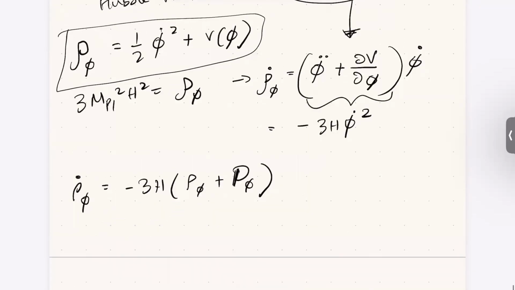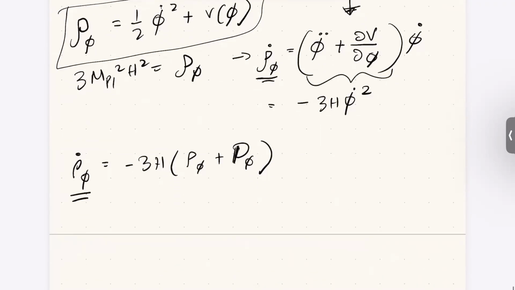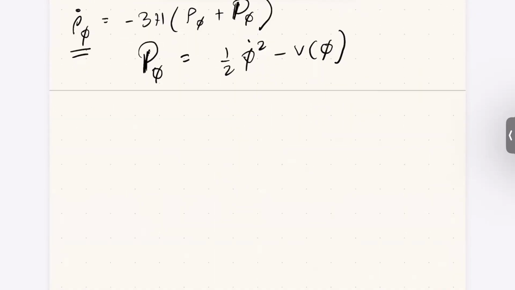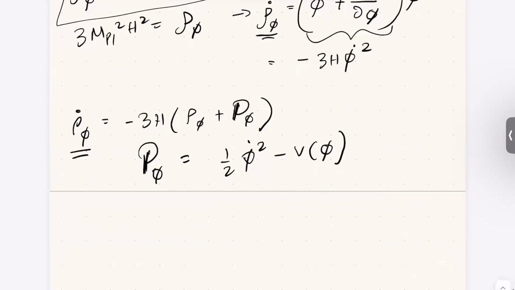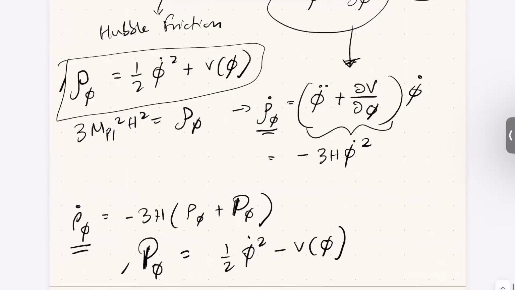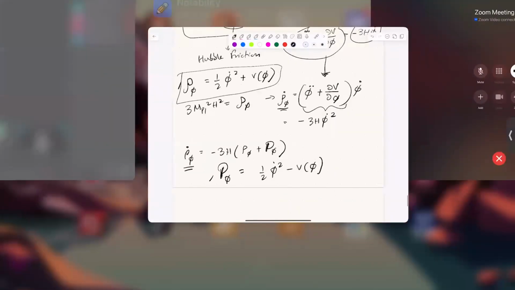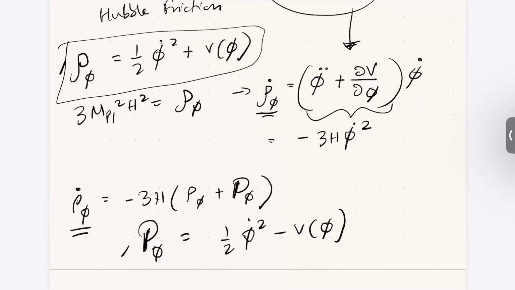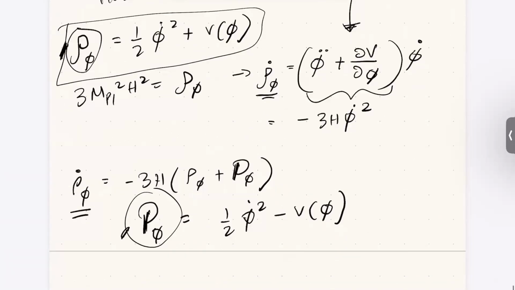So if I compare this phi dot with this phi dot, I see that I can devise an expression for pressure as half phi dot squared minus V. Okay. Now this makes me relate p and rho, because I have an expression for p over here. I have an expression for rho. Sorry, rho is the energy density. So now I can make a relationship of rho of phi and p of phi.